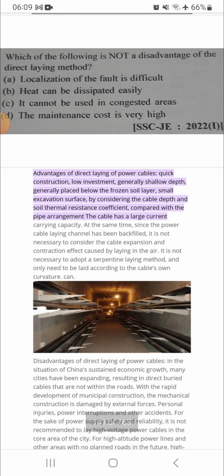So here the answer is what? Option B, heat can be dissipated easily. This will not be a disadvantage. Okay. Option B is the right answer. Next one.